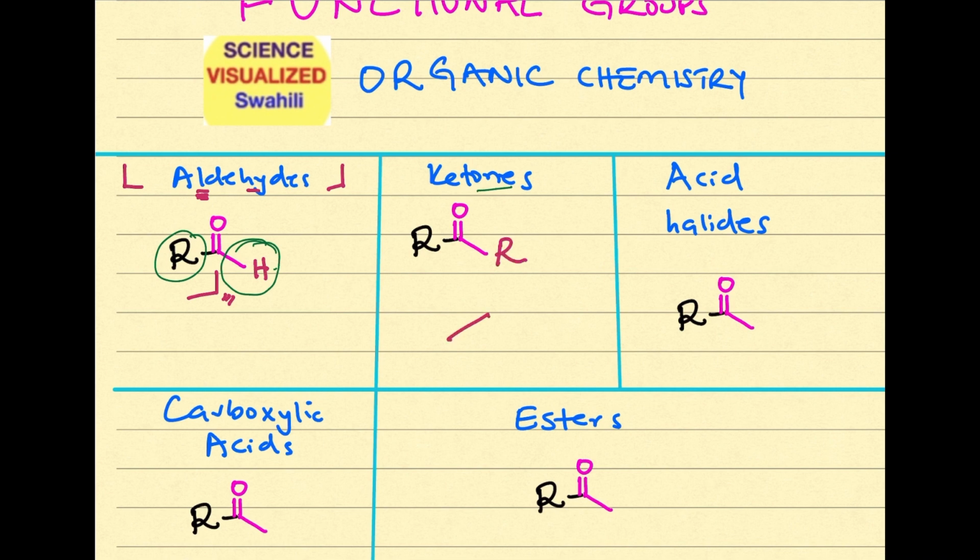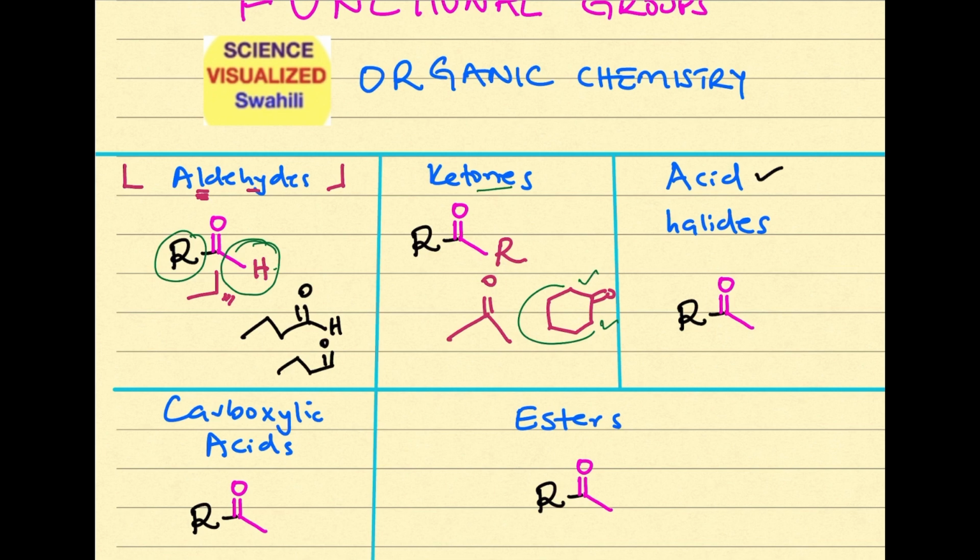So an example of a ketone will be that. You have two alkyl groups, or you could have a cyclic ketone, like that, so that you have an alkyl group on this side and an alkyl group on this side that's joined to make a circle. And then this would be an example of an aldehyde, like that, or you could just draw it like that without having to show the hydrogen.